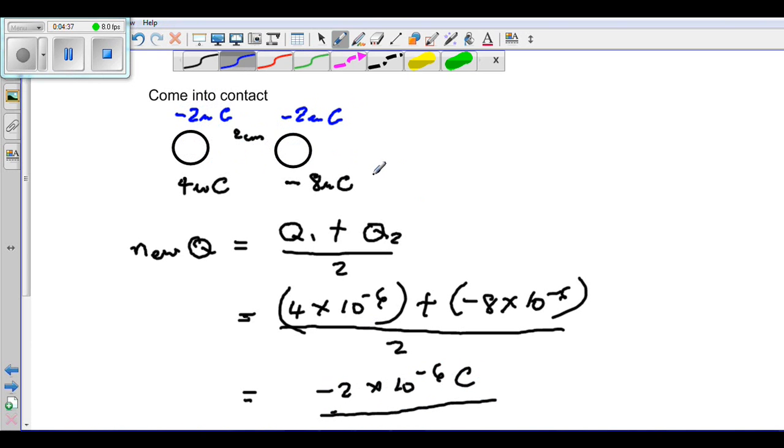Now, another question they can ask us is to determine the number of electrons that moved over. To do that, we look at the change in charge: Q final minus Q initial. Our final charge is minus 2 microcoulombs.